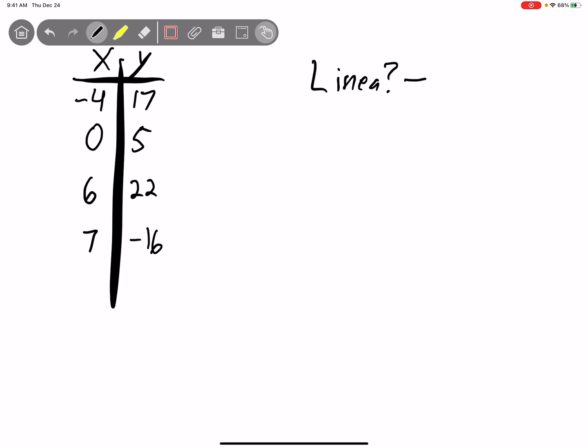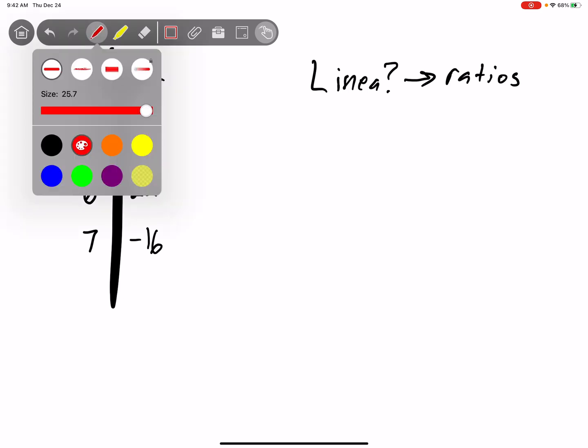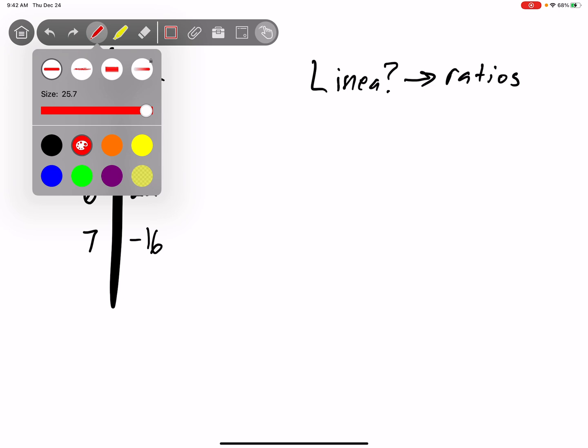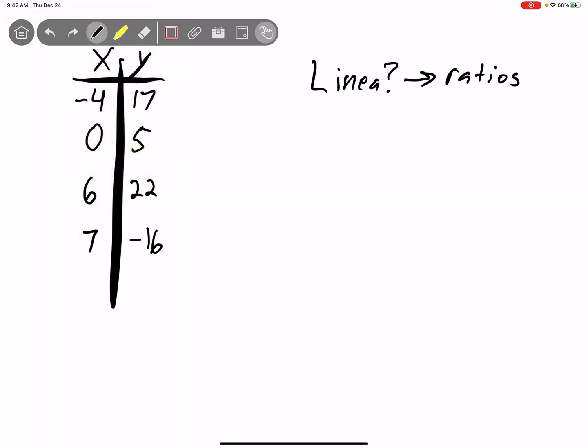How do I know? I know by looking at the ratios. This also applies to whether or not it's proportional. If these ratios are not the same, it cannot be proportional. We already know that if this were linear, this is not going to be proportional because when x is 0, y should be 0, but it's not, it's 5. And I realized I wrote linear. There we go, linear.